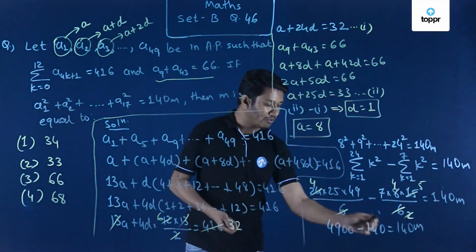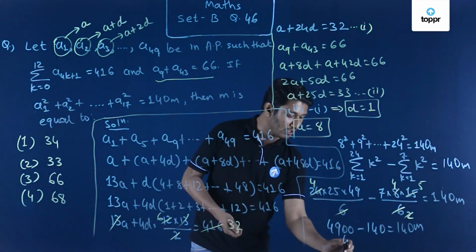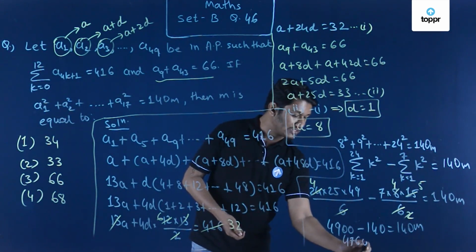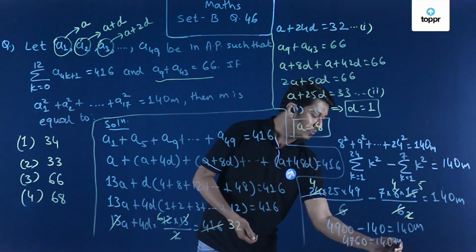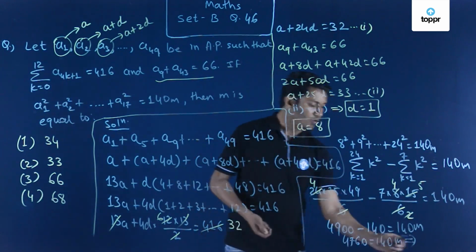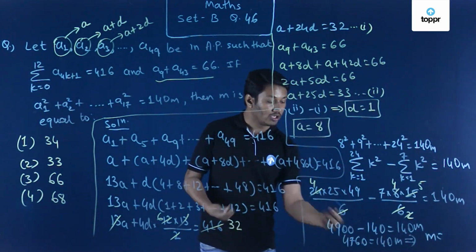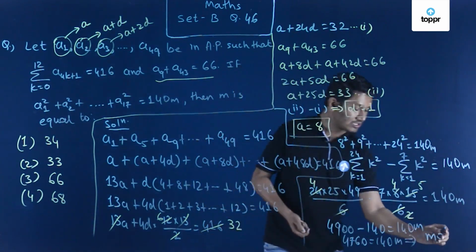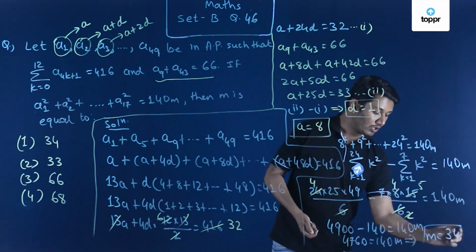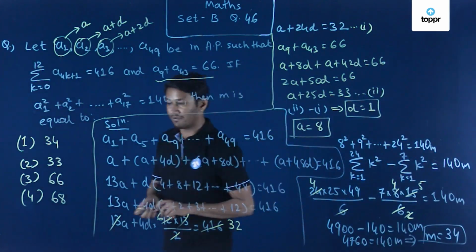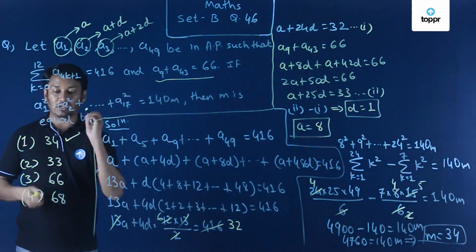So 4900 minus 140 will be nothing but 4760 equal to 140 m. And if you now write down the value of m, it will be 4760 upon 140. Now this comes out to be nothing but 34. So answer becomes m is equal to 34, which is nothing but option number 1.